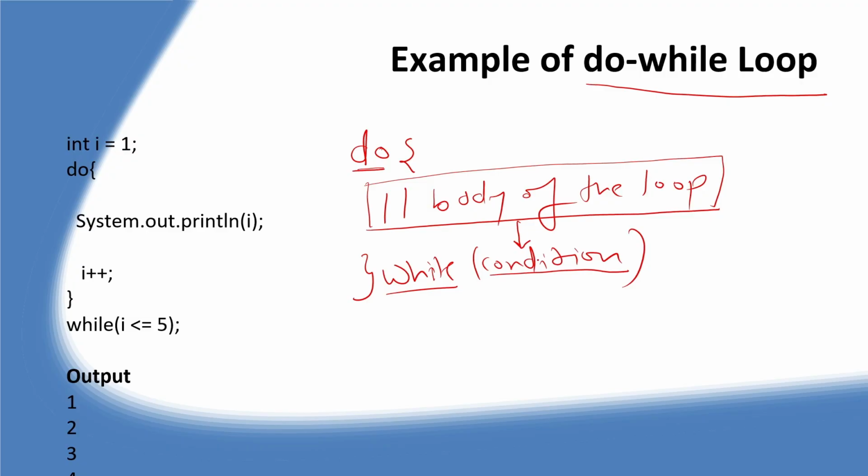If the condition is true, again the body is executed, and again the condition is checked. And when the condition returns false, it stops and comes out of the loop, that is, exit.